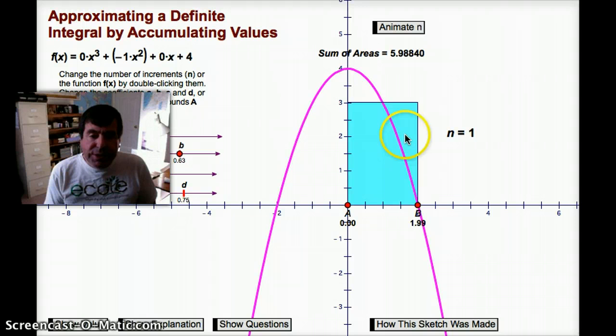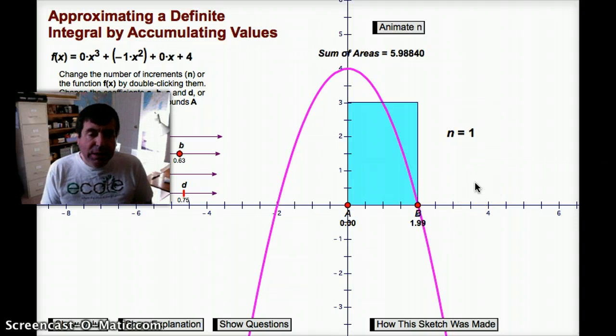Now, as you know, this is a curve, so we'd have to sort of guesstimate what the height would be to be able to approximate it with a rectangle. One thing we could do is divide this region into smaller parts and have rectangles that we could use to approximate the height.